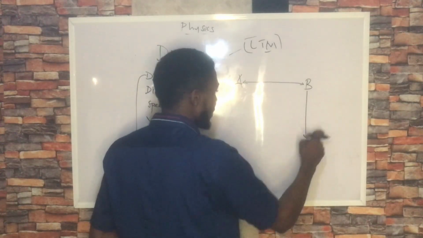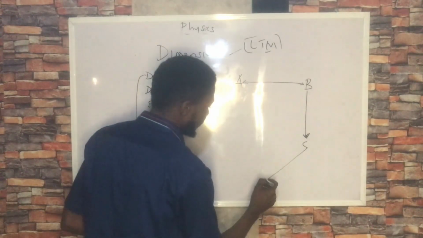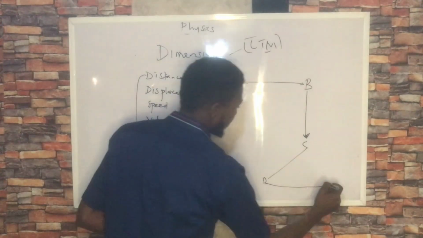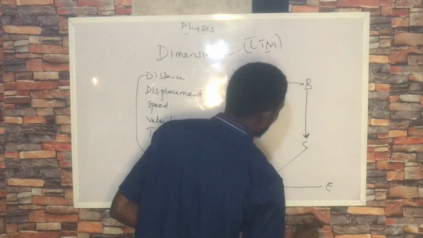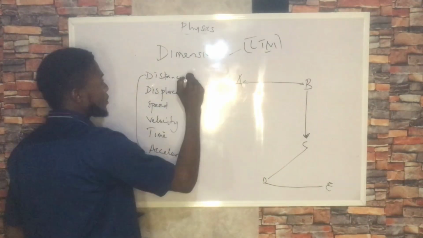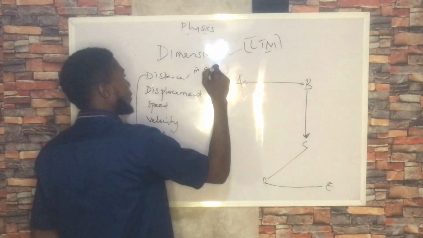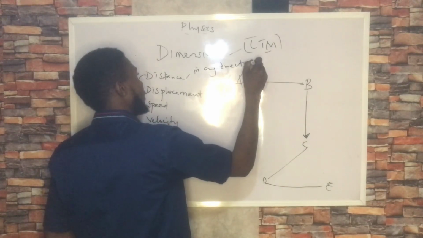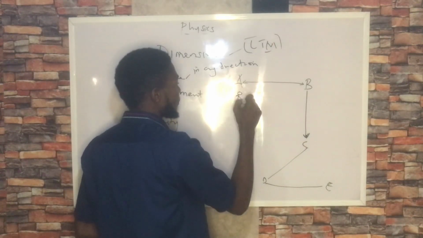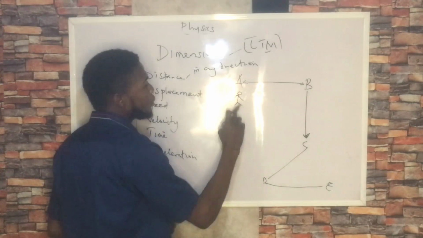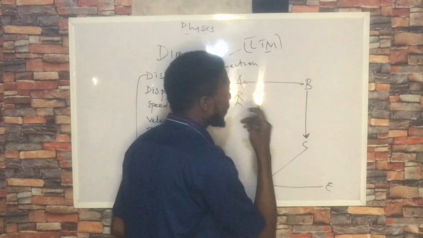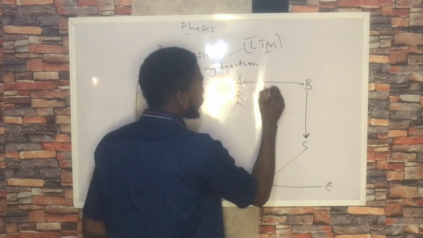It could be from here to here. Let's say you have another point D. It could be from point A to this place, in any direction. That is the word, in any direction. And in most cases, let's assume this is Peter, moving from point A to point B. We can say Peter has covered 2 meters.